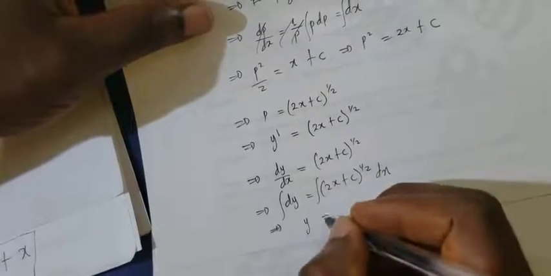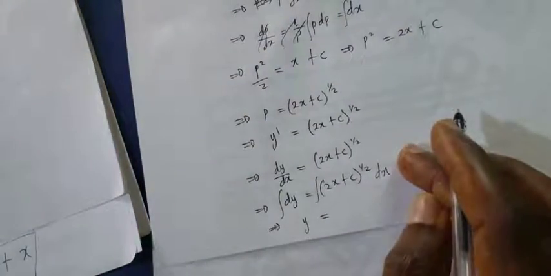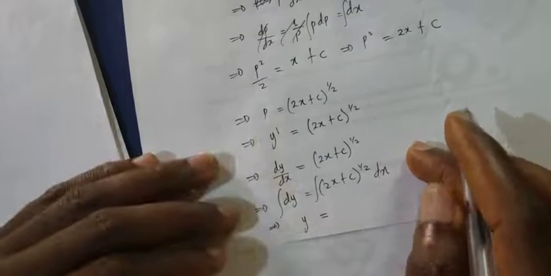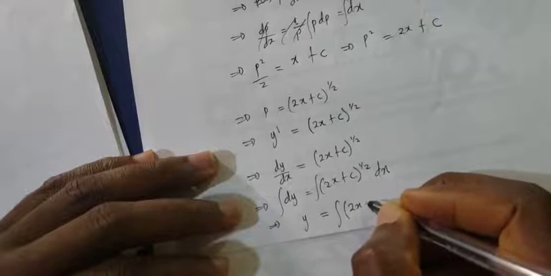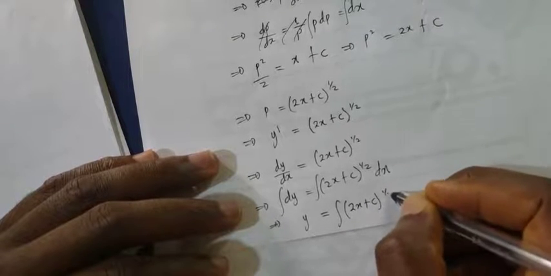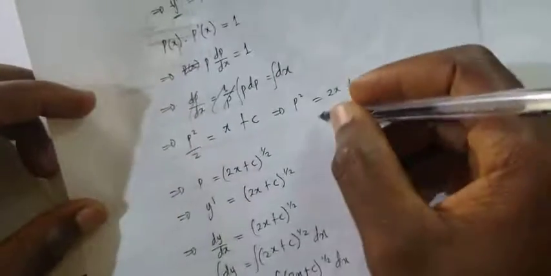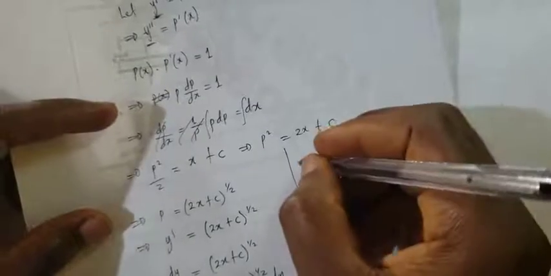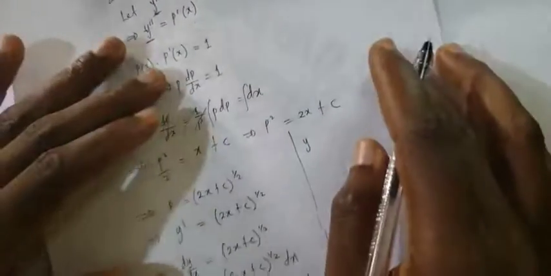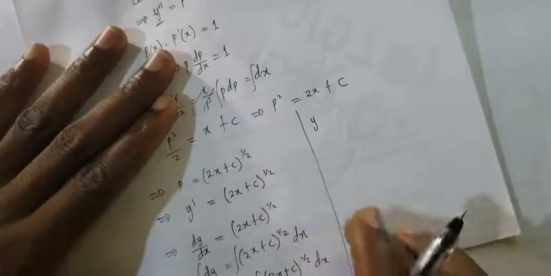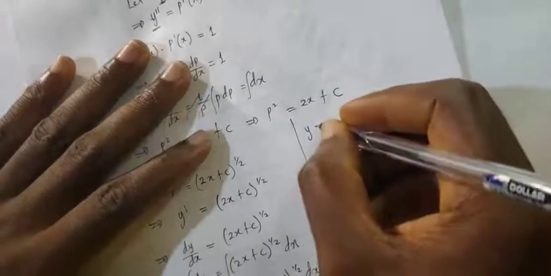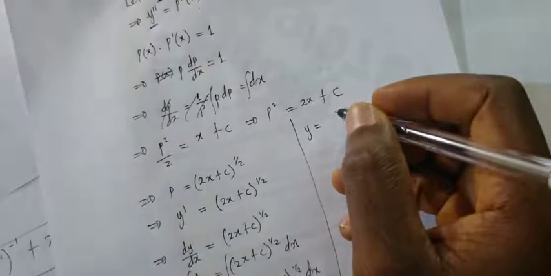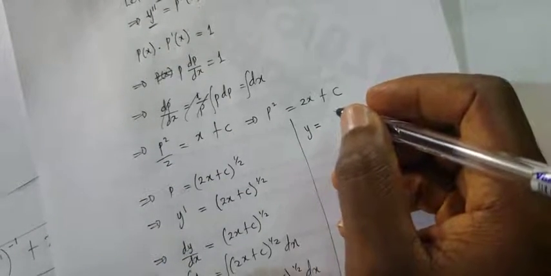Then this is going to give us y is equal to the integral of 2x plus c raised to power 1 over 2 dx. And then we can just write out that result here. We're going to do this as before, just like you're integrating with respect to the core and dividing by the derivative of the core.